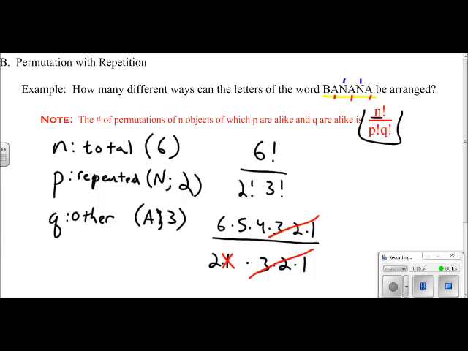The 1 will never affect either the numerator or denominator, because multiplying by 1 doesn't change anything. But 2 goes into 4 twice, so we factored out a 2 from there. Now we're just left with 6 times 5 times 2, which in the end is just going to be 60. So there are 60 possible ways to rearrange the letters in the word banana that will each be unique.